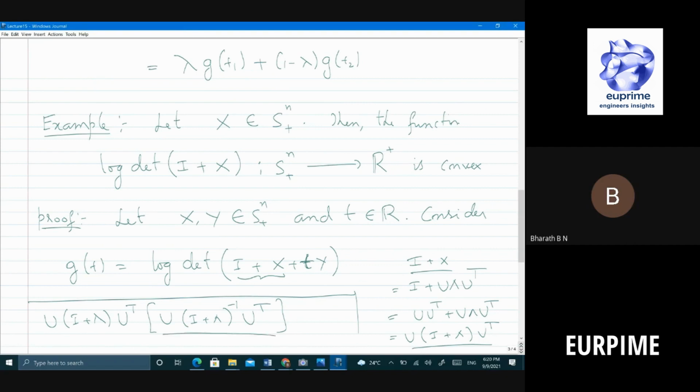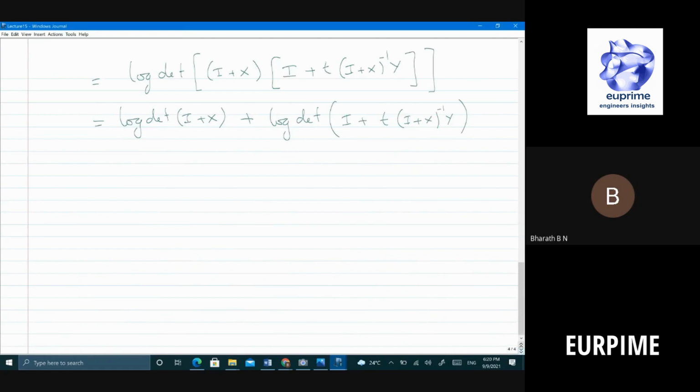This is definitely symmetric. If you take the whole transpose, U transpose becomes U, I plus lambda whole inverse transpose is I plus lambda whole inverse only, and then U becomes U transpose. So it's symmetric, right? So now I plus x whole inverse is symmetric. Y is symmetric and positive semi-definite, right?